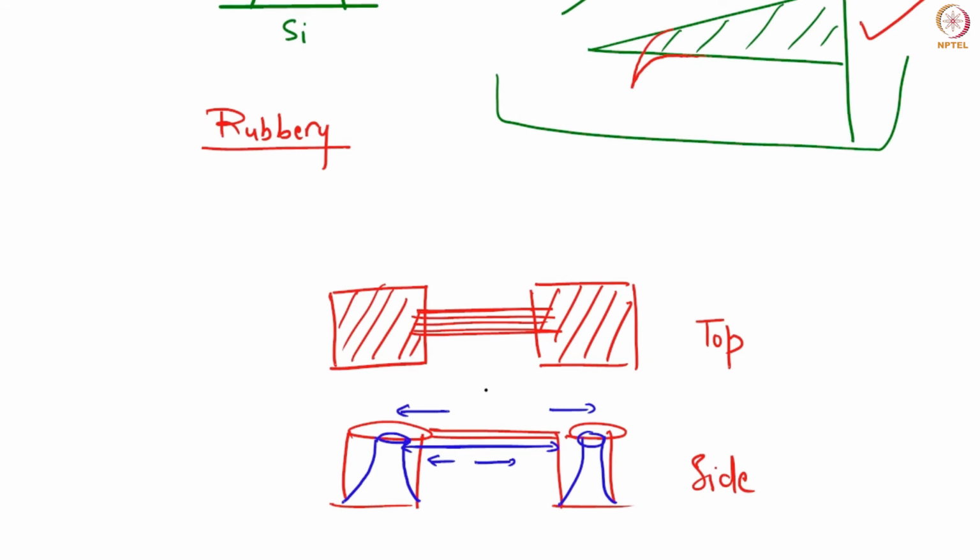Instead of this fiber, you could also have made sort of an entire wall. It depends, of course, on your fabrication capabilities, but if you make a wall between these two pillars, in that case, your wall may also be deformed afterwards. You can also make structures which are being pulled.